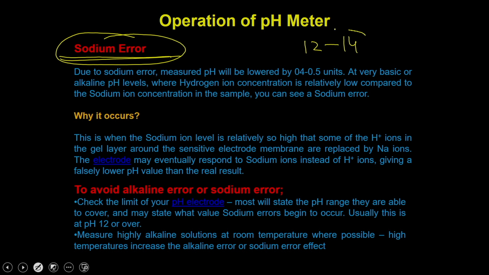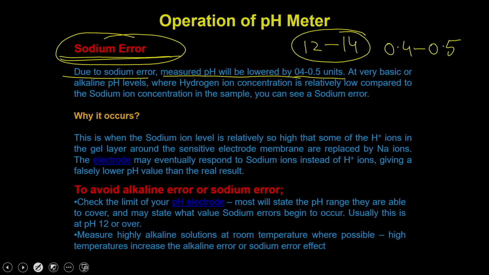If you are measuring a pH in the alkaline region, it is going to cause a sodium error, and because of the sodium error, the pH you measure is going to have a deficiency of 0.4 to 0.5 units, which means if I am measuring a pH of 12, it could read 12.5 or it could read 11.5. So this is actually a very big error.